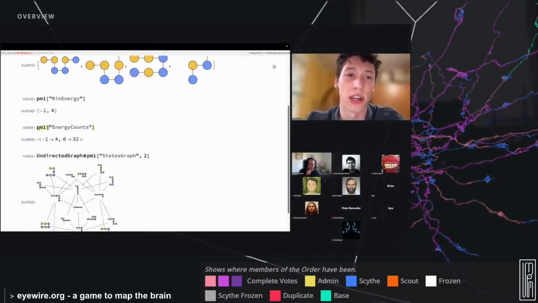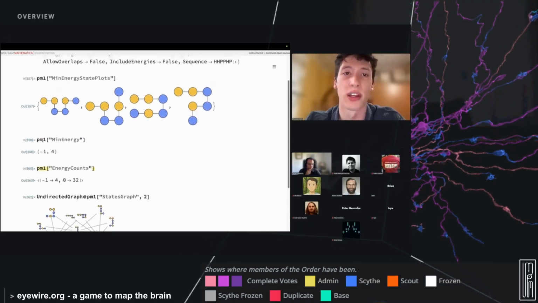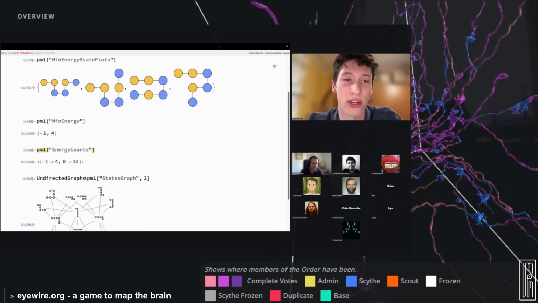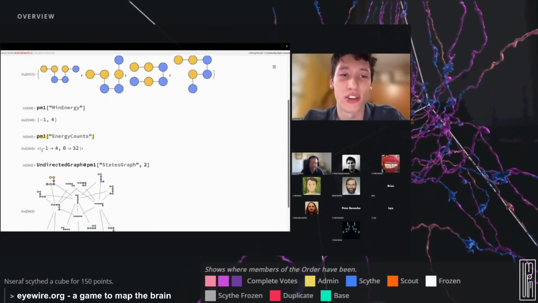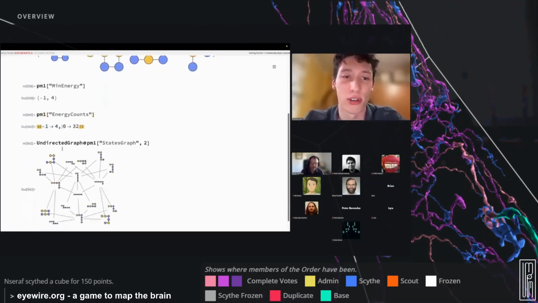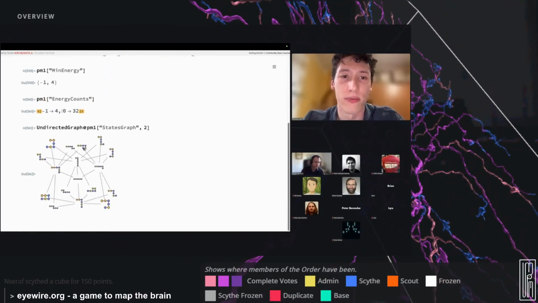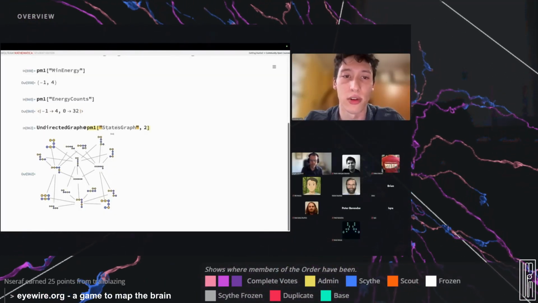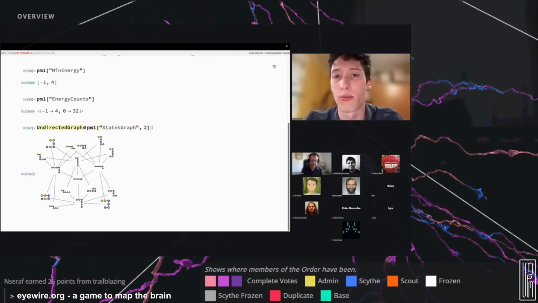Then we can ask for the energy counts, so this thing has a super uninteresting energy surface, right? It's just 2 possible energy states, and I will talk later about how these energies are defined. Right, and then the most important property is the states graph that we have already seen before.